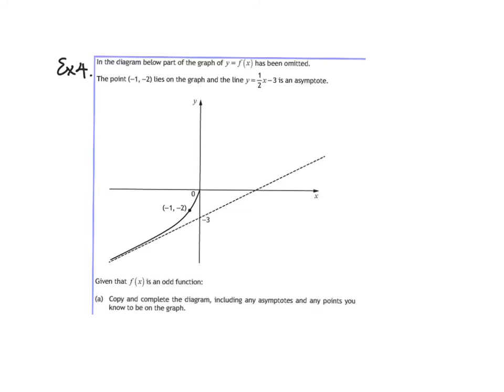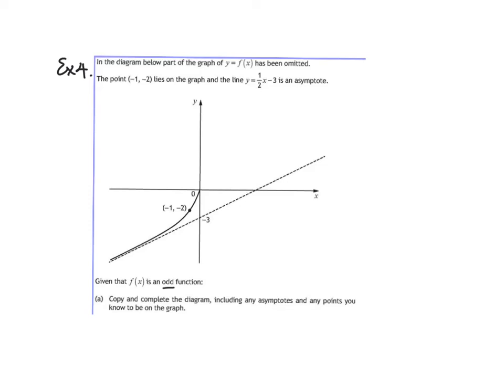Example 4, now here's a past paper question. We are told that the function is an odd function. Now, consider the sine function. It has 180 degree rotational symmetry about the origin, and that's an odd function.